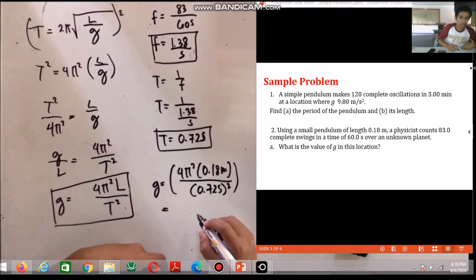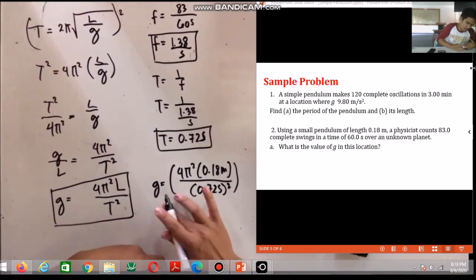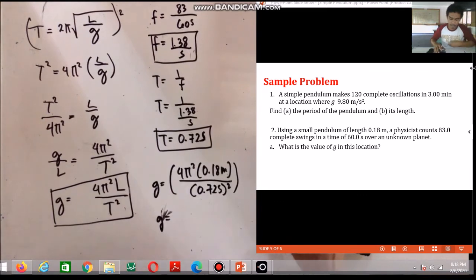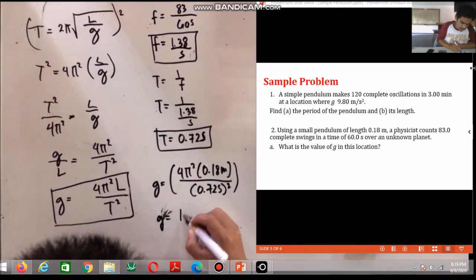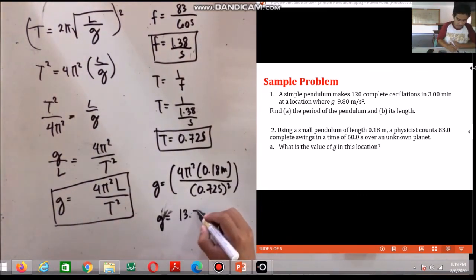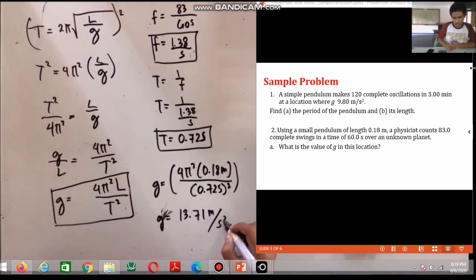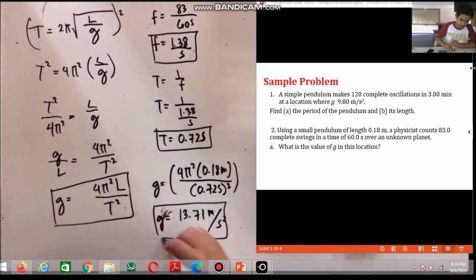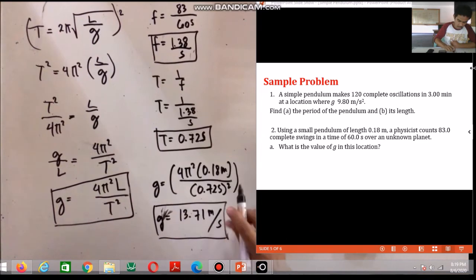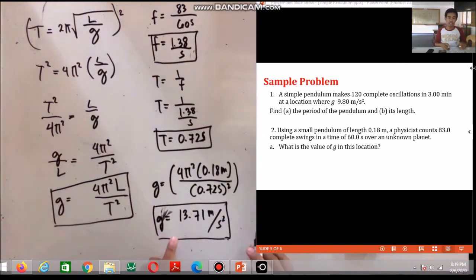So the acceleration due to gravity, g, is approximately 13.71 meters per second squared. Okay, so this is the acceleration due to gravity at that certain planet, 13.71 meters per second squared.